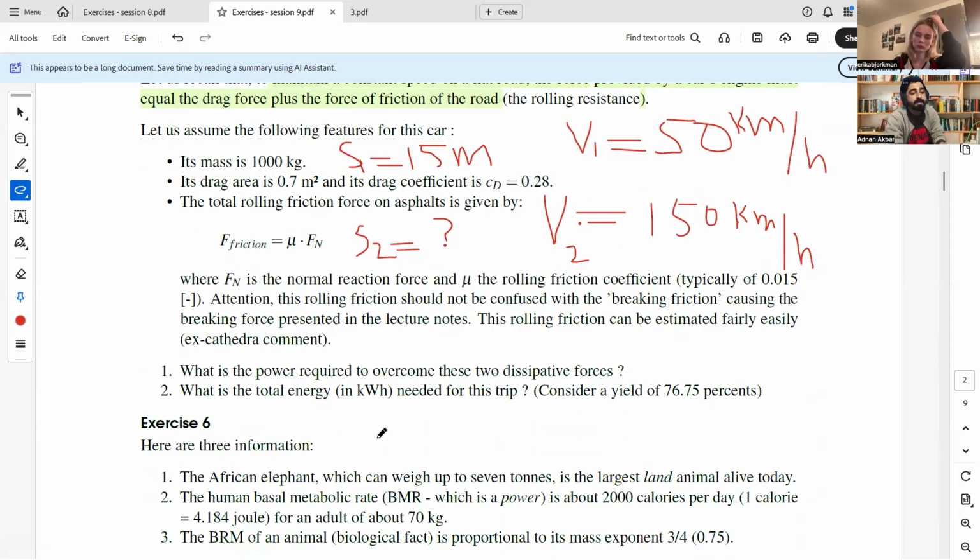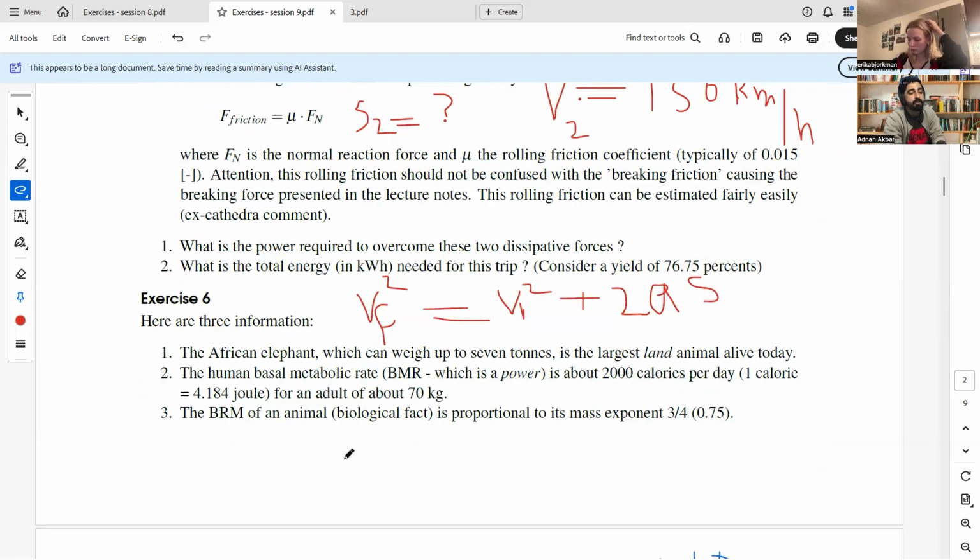So we are applying the third equation of motion, that is Vf square is equal to Vi square plus 2as, where a is the acceleration of the moving vehicle and s is the covered distance. Applying it on the first case, 0 is equal to V1 square, where V1 is the initial velocity in the first case, plus 2as.